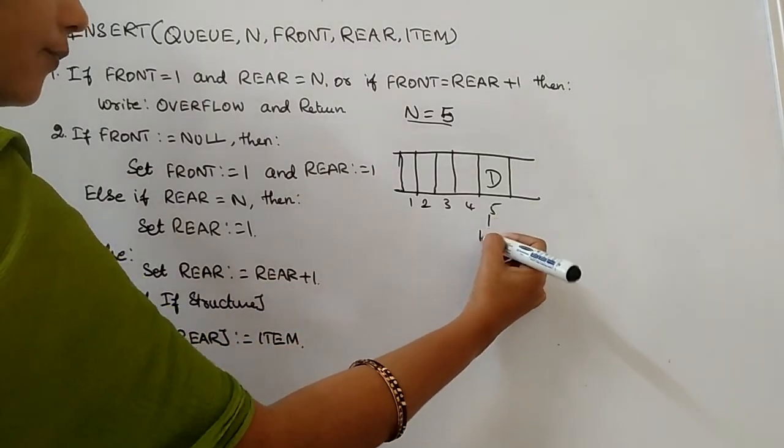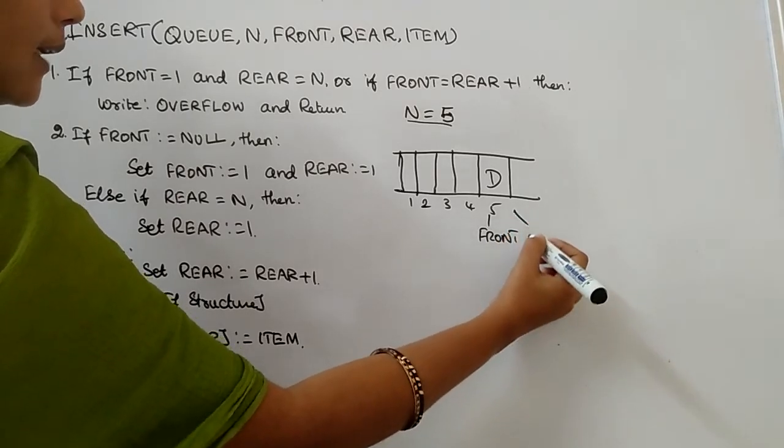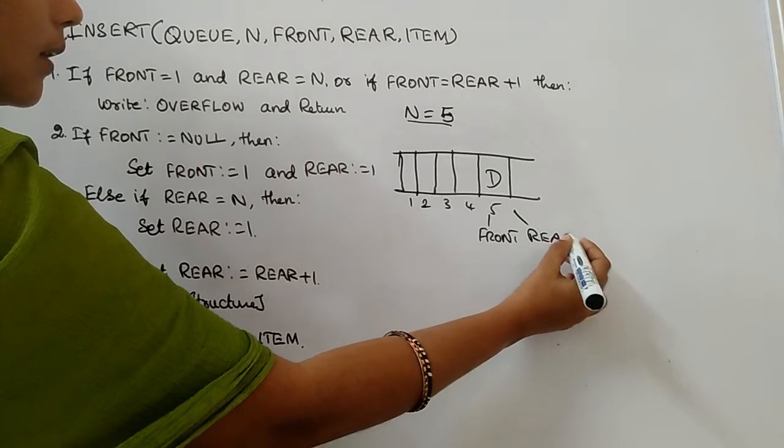So here front is equal to 5 and rear is also equal to 5.